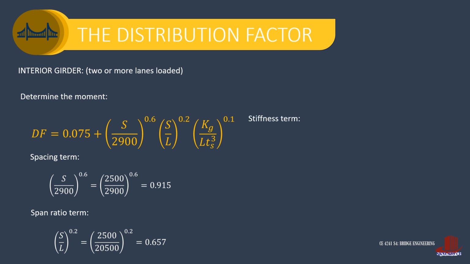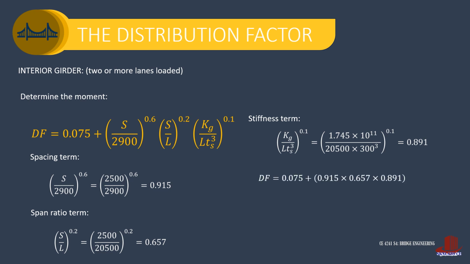For the stiffness term, we use K of G that we just computed, then divide this by 20,500 or the bridge span times the cube of the deck thickness of 300, then raise to 0.1 to have 0.891. The distribution factor for the moment is then 0.075 plus the product of 0.915, 0.657, and 0.891, giving 0.611, or 61.1% of the lane moment is carried by each girder.